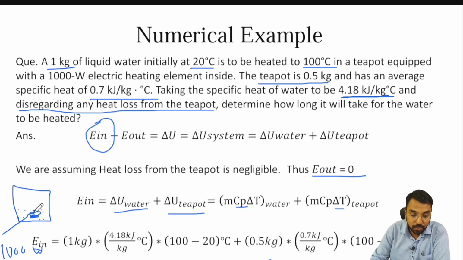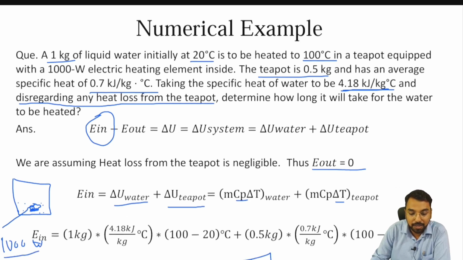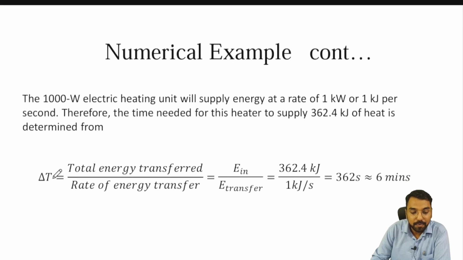The total internal energy is 362.4 kilojoule, and for supplying this energy we are using a 1000 watt electrical heating element. The total time is the total energy transfer divided by the rate of energy transfer.